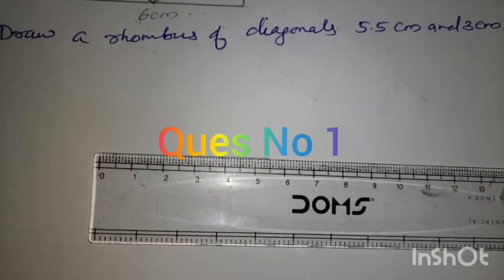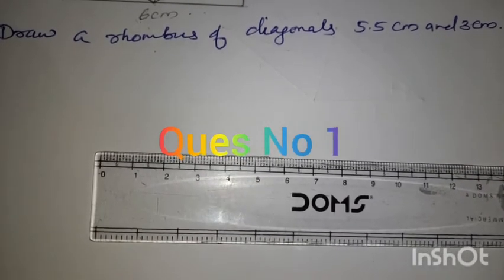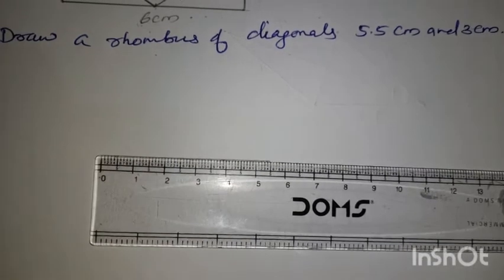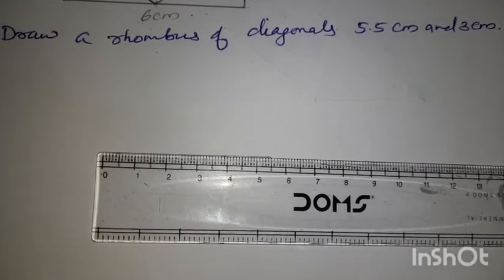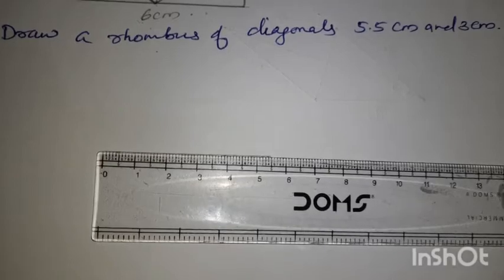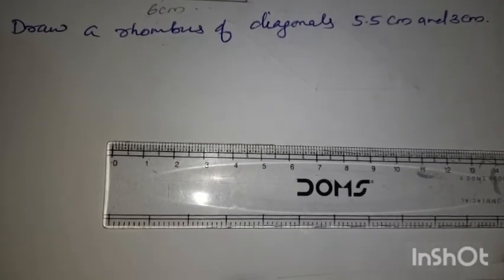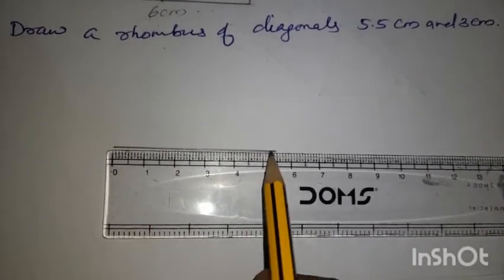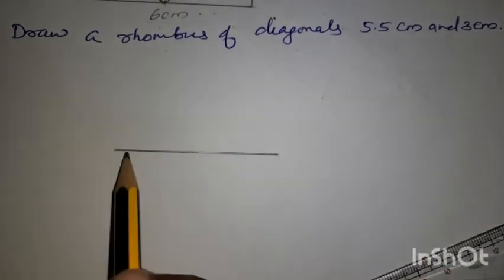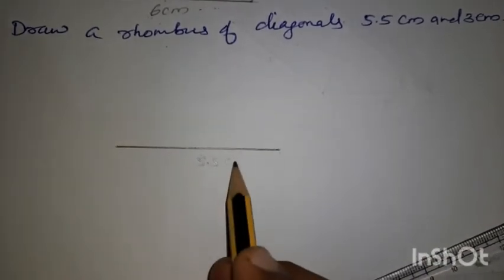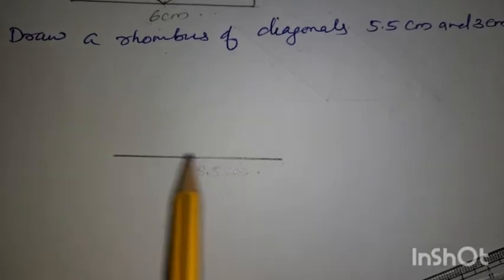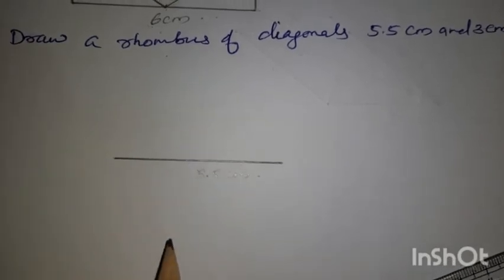Draw a rhombus of diagonals 5.5 centimeter and 3 centimeter. So the diagonals are given, 5.5 and 3. So first of all, you have to draw a 5.5 centimeter line. Then find the bisector. Okay, 5.5 centimeter line, you can draw it. Then using the compass, draw the bisector for this line.